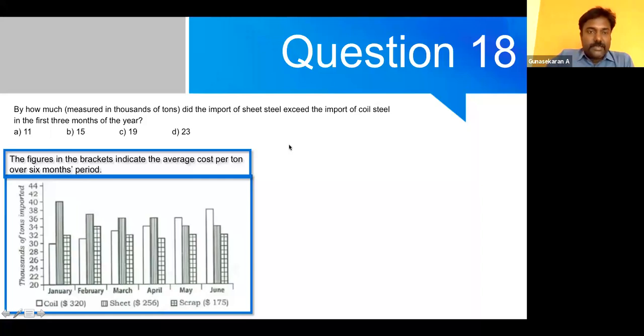By how many metric tons did the import of steel sheet exceed the import of coil sheets in the first 3 months of the year? Okay, sheet and coil, they are comparing only these two. 40, 37, then draw a line and you can identify 36.